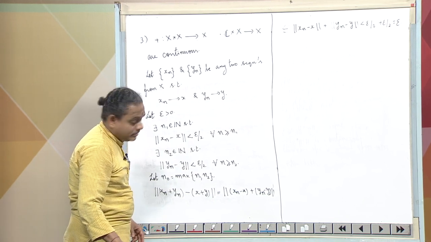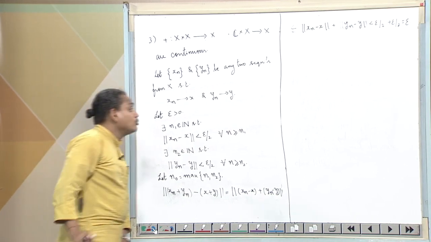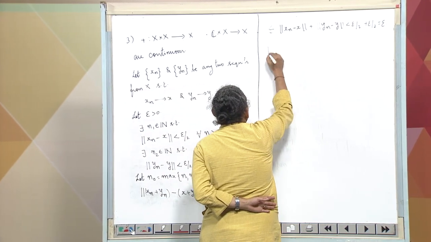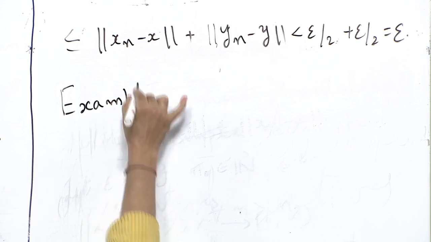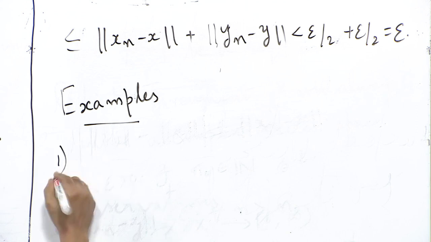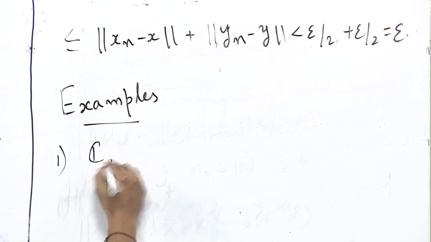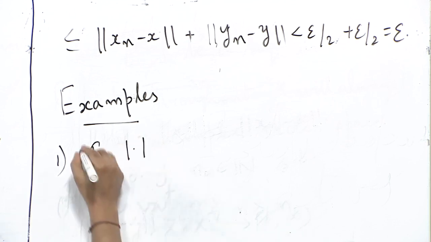Well, having said all these things, these three observations, let us move on to some examples. Some of the familiar examples that we are already familiar with: we know on C there is a natural norm, what is known as the modulus.